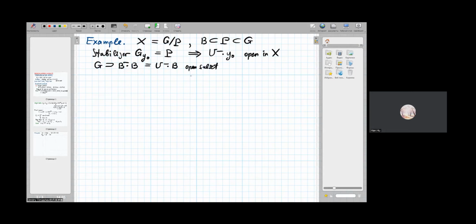And if we replace here B with P, we get even a bigger open subset. B minus times P, which is the same as U minus times P. It is the bigger open subset, even bigger open subset.